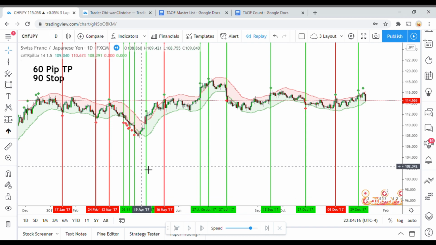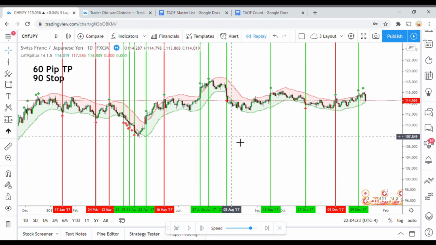And we have 1, 2, 3, 4, 5, 6, 7, 8, 9, and 10 winning trades. So, yeah, there we go. Barely squeezed in the 60% for the win. It'll definitely go on our yes list.